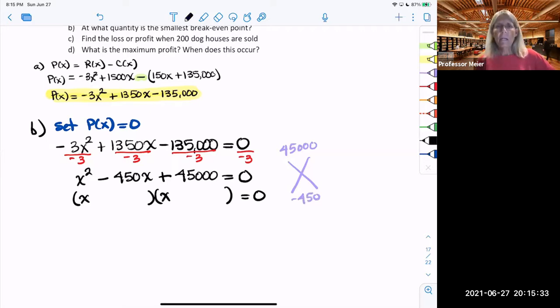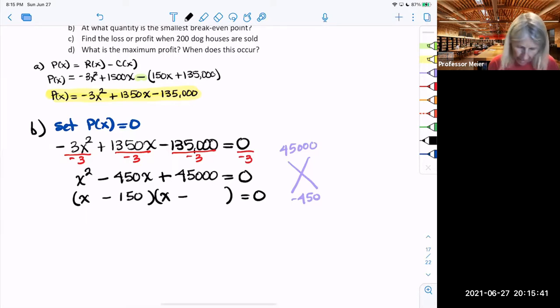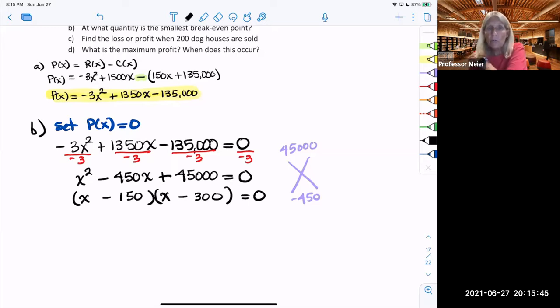Okay, and those are kind of big numbers, but it does work to say we could use -150 and -300. 150 times 300, 45,000.